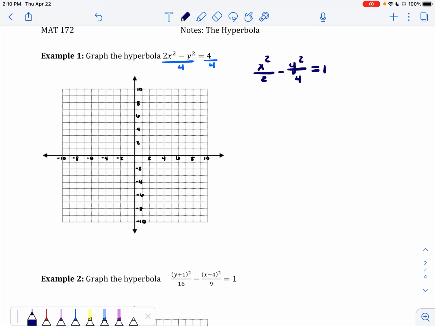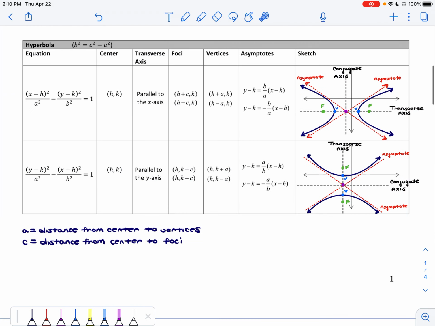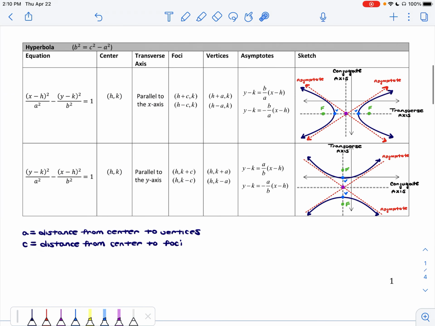Now, one thing that I'm not sure I mentioned up here is that with hyperbolas, it does not matter whether the a or the b term is larger. The a is always just going to go with the first term, and the b is always going to go with the second term. So with ellipses, we saw that a is always the bigger number. That's not necessarily the case with hyperbolas.